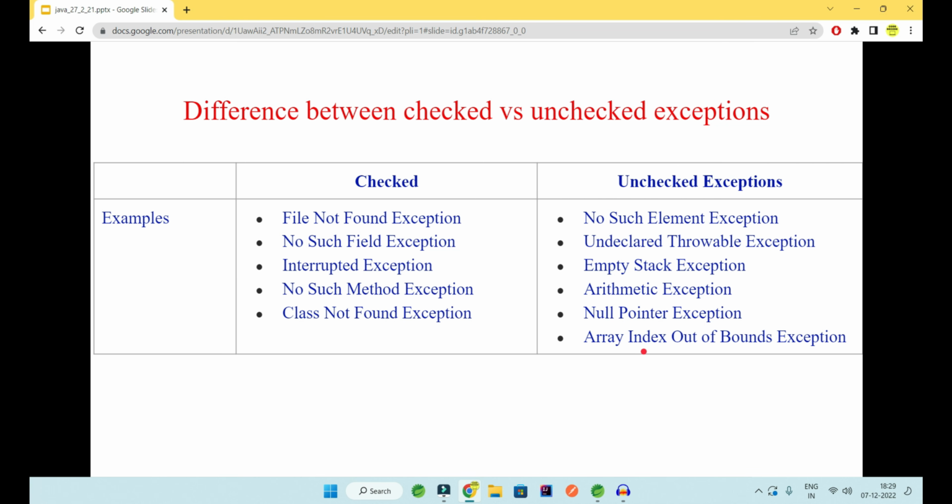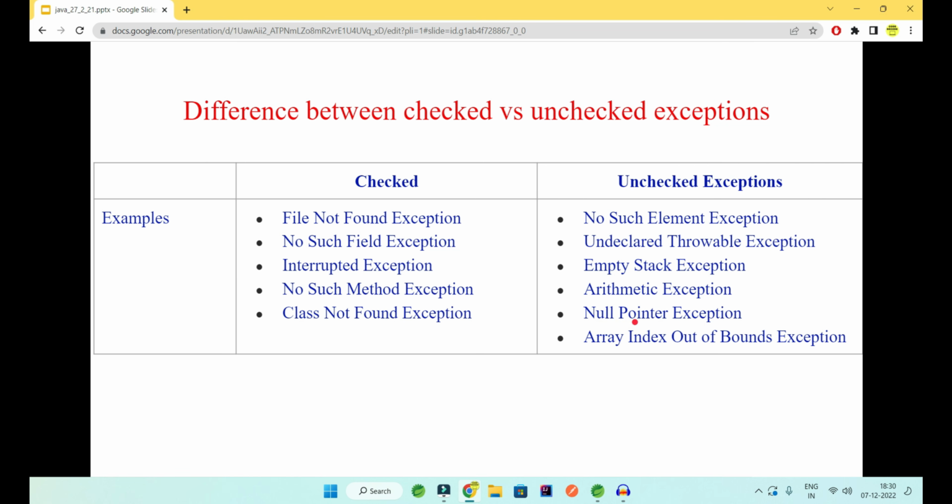You cannot do anything. If this occurs, your system will either terminate, or if you think that this can happen, you explicitly put try catch. It is just you who can prevent these exceptions. Like you can prevent null pointer using Optional in Java 8. So that is how you should be good enough to find a situation where this can occur, and hence I can use try catch before that only.